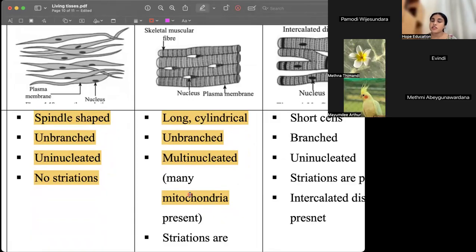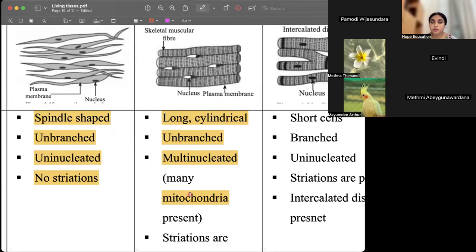So if there's a lot of mitochondria in the skeletal muscle tissue, that should mean that the skeletal muscle tissue needs a lot of energy, because mitochondria's function is producing energy. Most of the tissues that we can control, like when running, the leg muscles you control.